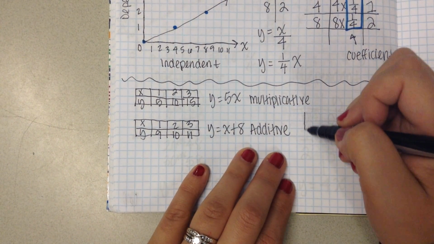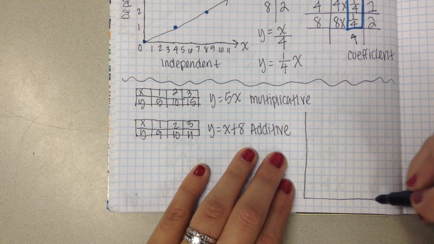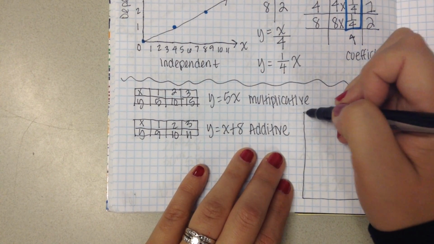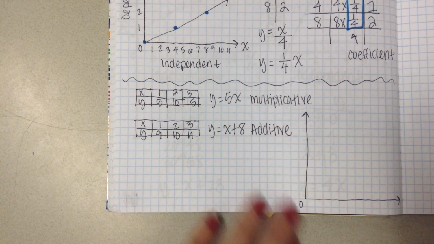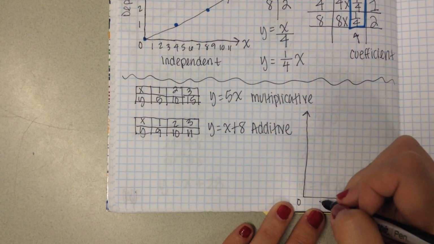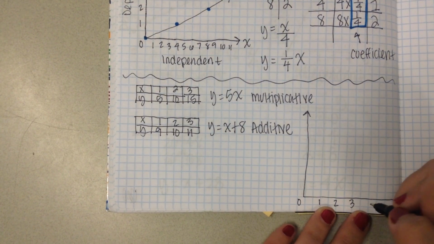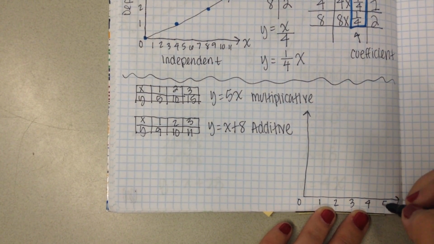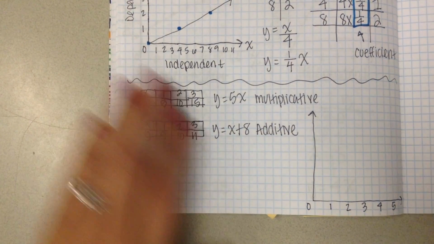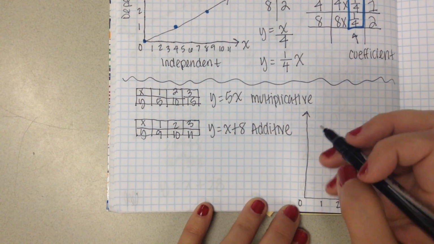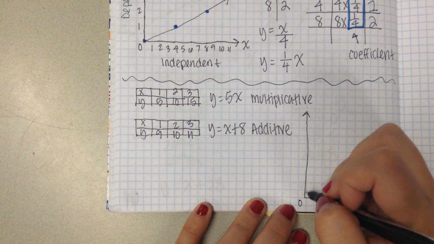And we're going to graph them. So we're going to draw a graph here. We're going to have 1, 2, 3, 4, and 5, and then over here we're going to go by 2's.